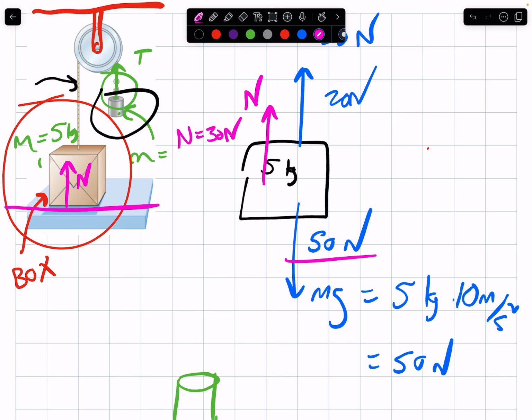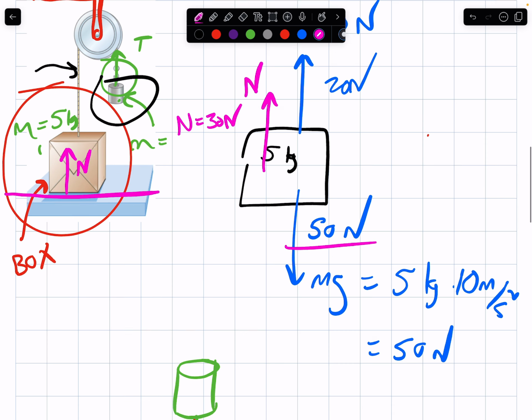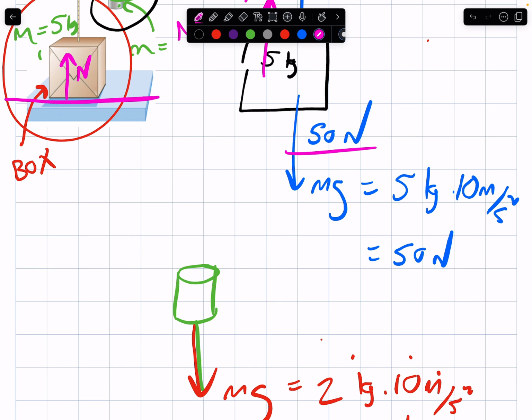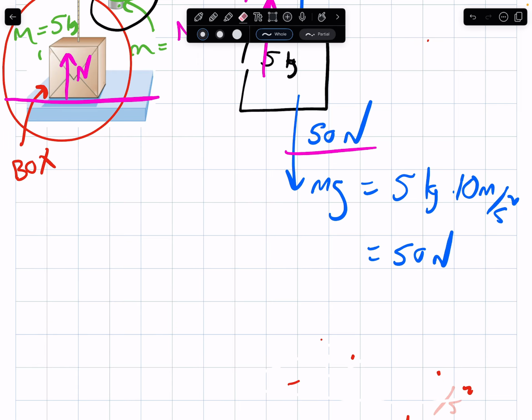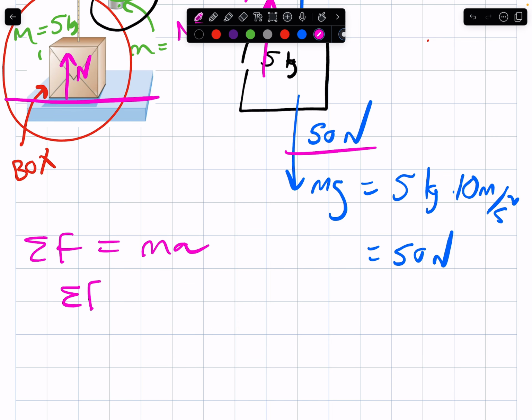We could write this out as an equation, of course, so let's do that. Newton's second law. Net force is equal to ma. And because in this situation nothing is accelerating, the net force is 0.